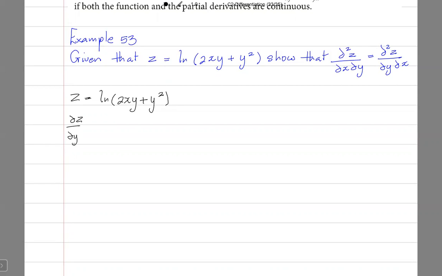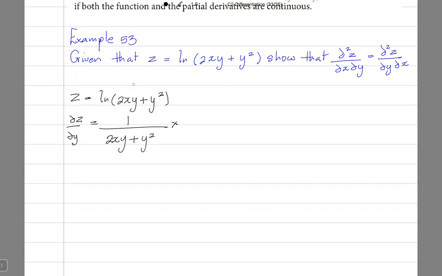So let's find ∂z/∂y. I'm differentiating this partially with respect to y, which means I'm treating x as a constant. When you differentiate ln, you get 1 over whatever it is, so it's 1 over 2xy + y². Then I have to differentiate the inside function partially with respect to y.